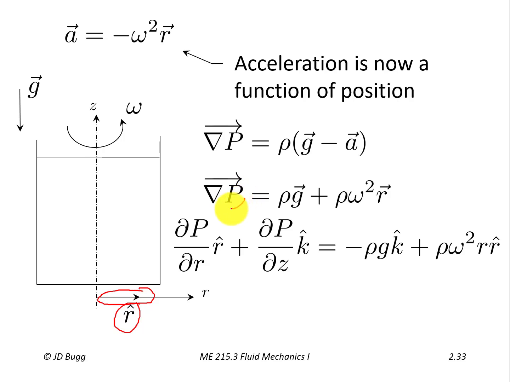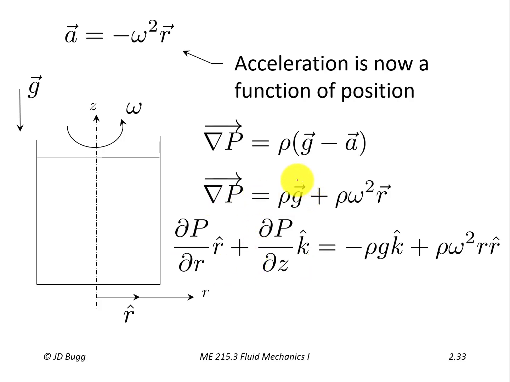I've expanded the vector gradient operator to explicitly show the two components. We have a radial component to the pressure gradient, partial p, partial r in our r hat direction, and we have an axial component, partial p, partial z in the k hat direction. So that's just expanding this out and showing the two components explicitly.